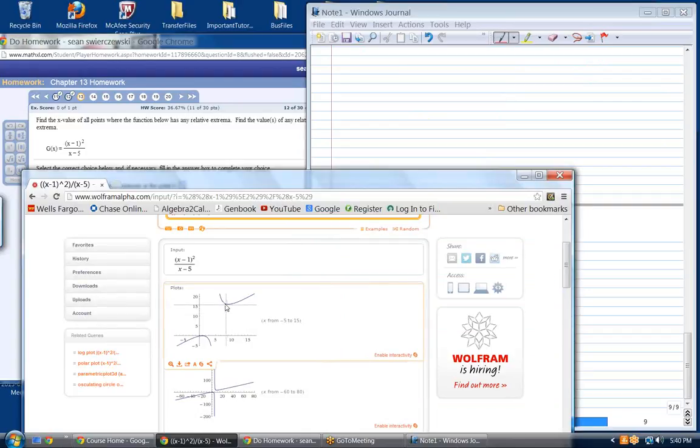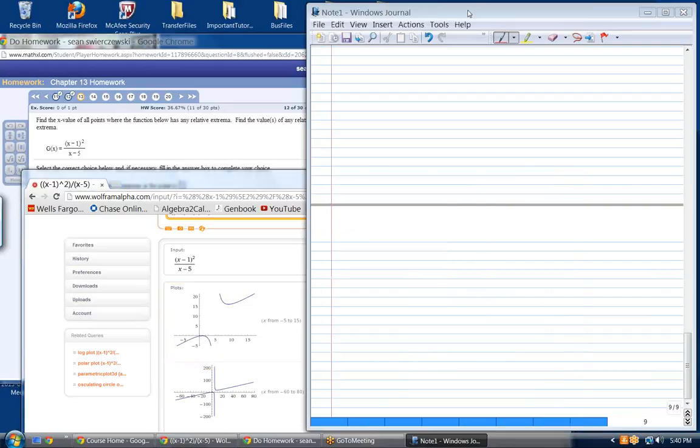Well, the first derivative is 0 right there, because the slope of the tangent line is 0, and it's 0 down here. So those are the 2 points we're looking for. It's just that finding them is not obvious. Yeah, we're going to have to take the derivative.